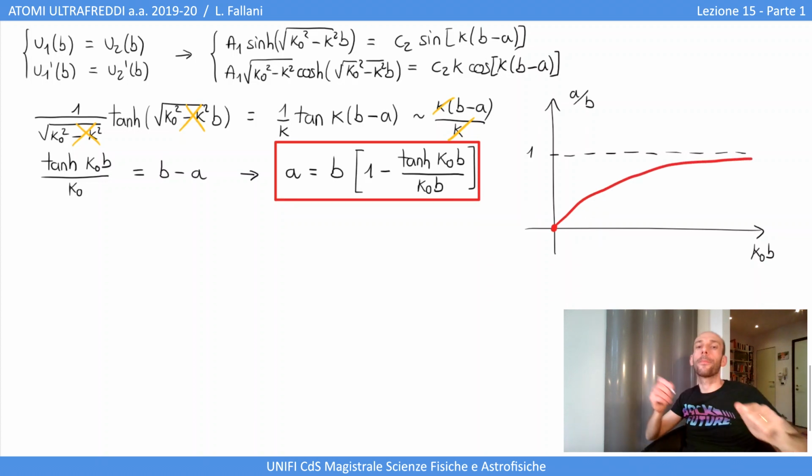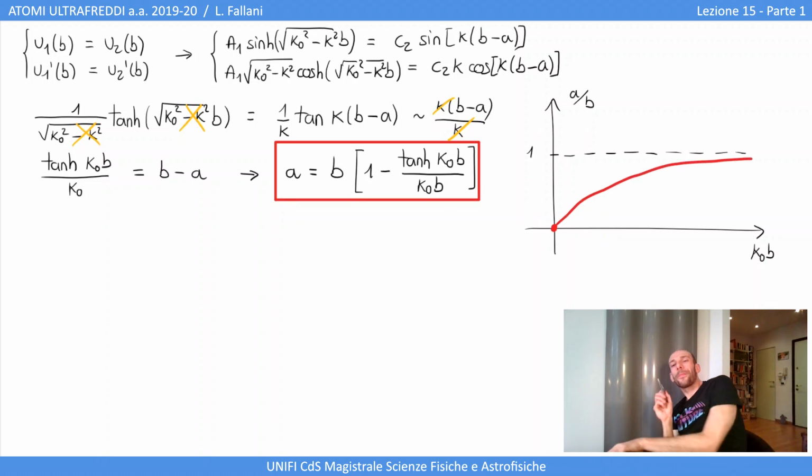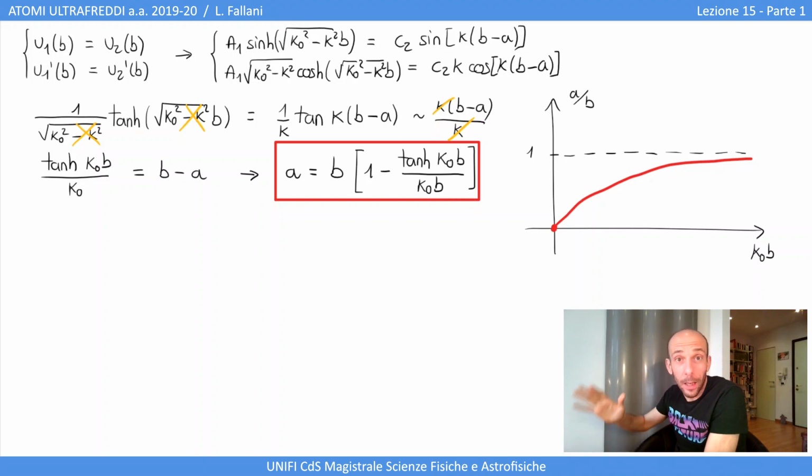Something like this. So, in order to understand better what's happening here, I will show you the result of some numerical calculation, in which basically I take these equations and I've just plotted the results with Mathematica.